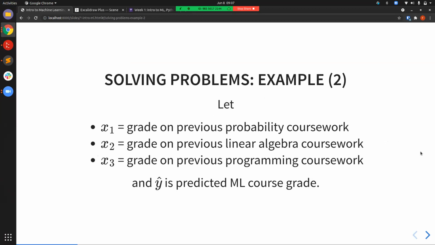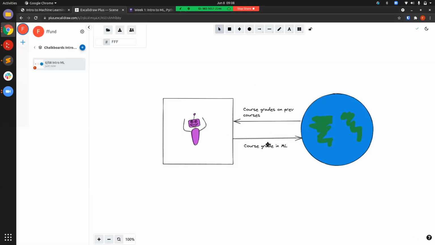Now, that's a little awkward to think about how a computer system would use it. Let's mathify it. We're going to let x1, x2, and x3 be my grades on previous coursework. x1 is my previous probability grade. x2 is my previous linear algebra grade. And y hat is going to be my predicted ML course grade. Here the y hat implies that it's an estimate.